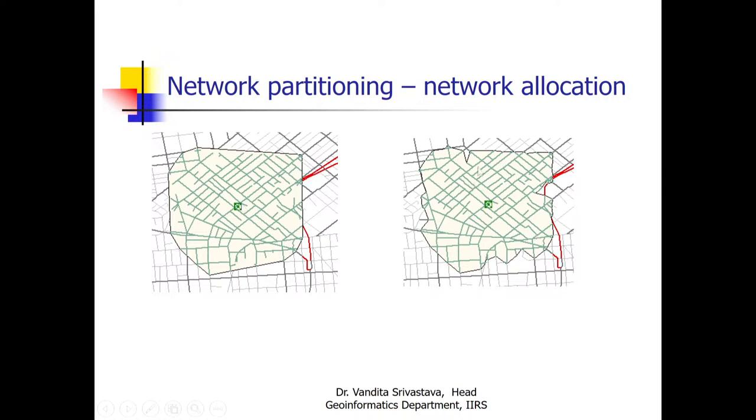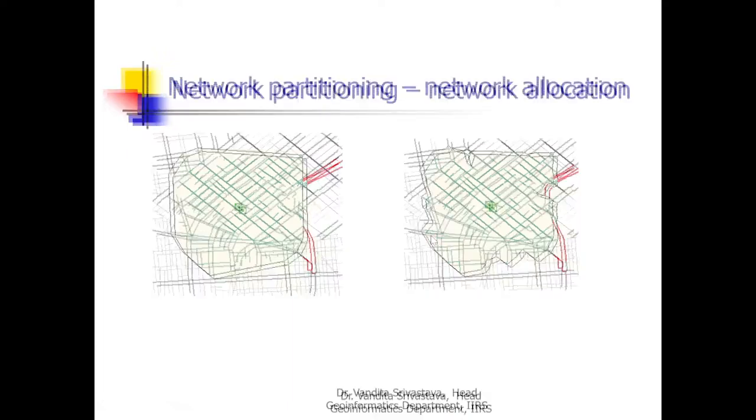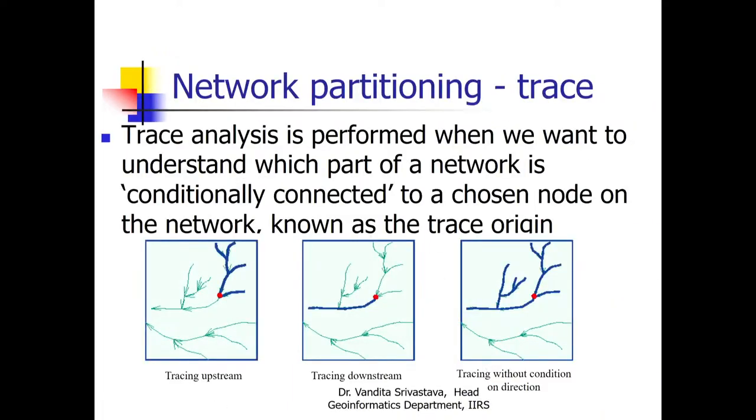In this case the road is considered to constrain the allocation. That is why you can see a reduction here, because there is no road here. So this is network partitioning, which can be done using network analysis.